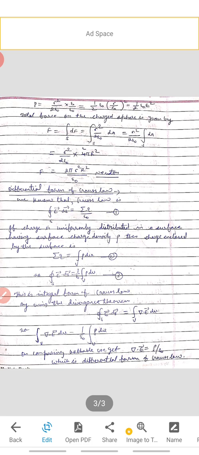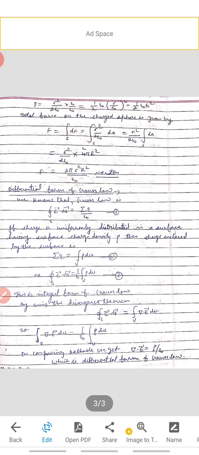Now the differential form of Gauss law. We know that Gauss law is given by surface integral E dot ds is equal to summation q divided by epsilon naught.